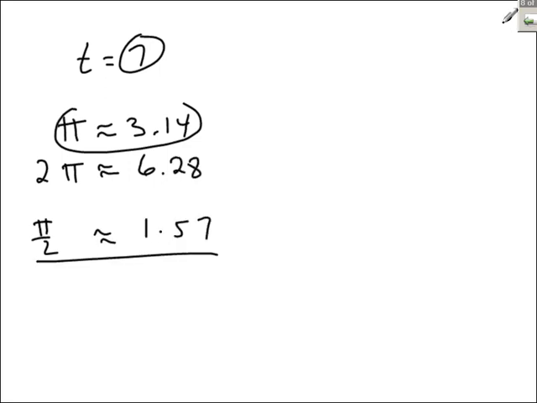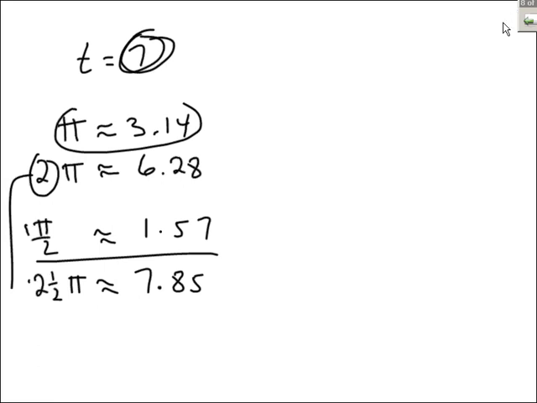Now if I add these, 2 pi plus a half pi, well, that's 2.5 pi's. This is approximately 7.85. More than 7. So I should go between 2 pi and 2.5 pi's.